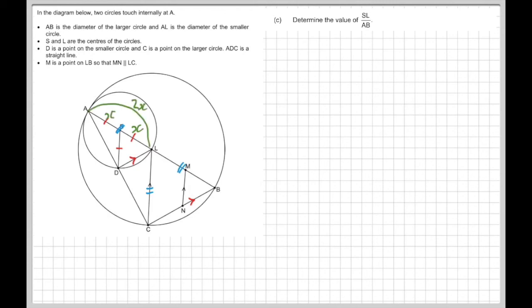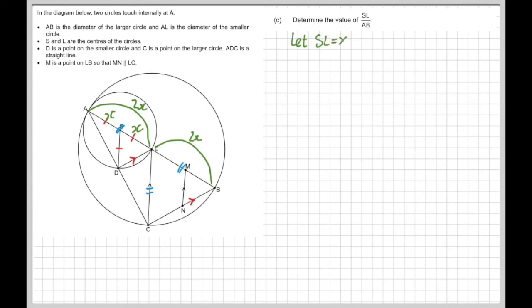Then quite a few things come into play here. If SL is X, then AS is also X because it's radii. AL is therefore 2X, and therefore LB is also 2X, which means I actually have AB.